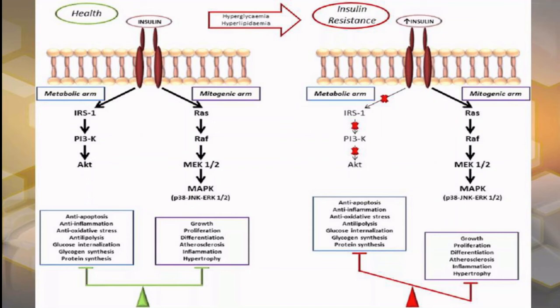In cases of insulin resistance, particularly when there is hyperglycemia and hyperlipidemia, the insulin receptor metabolic arm is inhibited. When the metabolic arm is inhibited, there is an imbalance of the functions of the two arms of the insulin receptor, and the mitogenic arm is activated more.